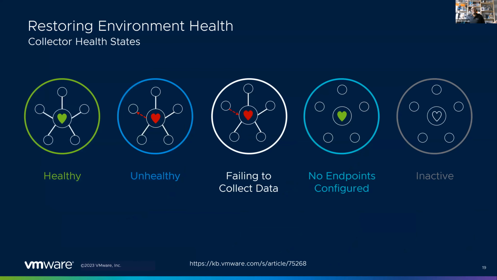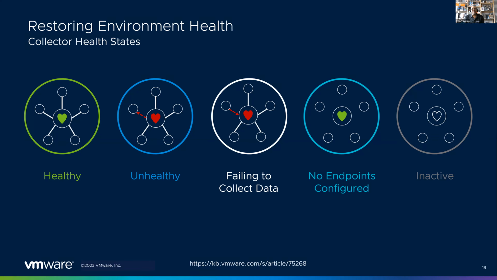Here are the 5 states your collector can have. They range from healthy, where no action is needed, to unhealthy, where the Skyline Collector is not collecting data from at least one configured endpoint. Ensure the collector is communicating with each of your configured products over the network, and that each configured product is using an account that is not disabled or has an expired password.